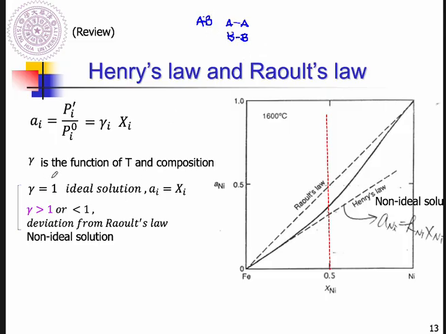Okay, which means that you can ignore the bond energy between all the atoms. So you don't need to consider the bond strength between AB, AA, and BB. So we call it ideal solution, ideal mix.